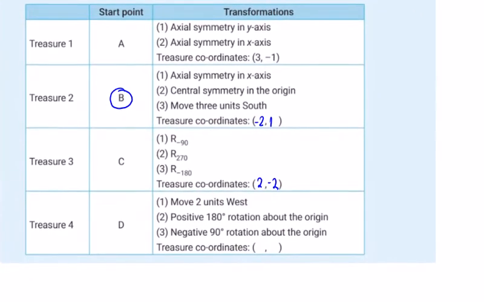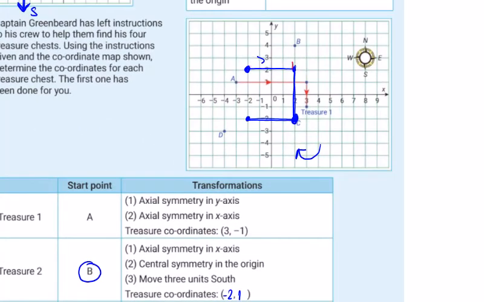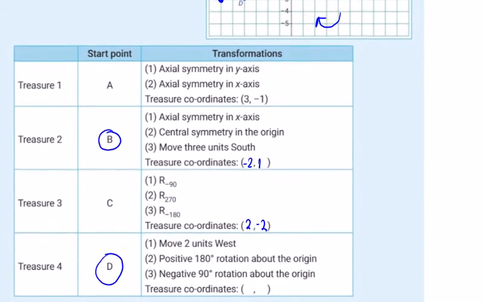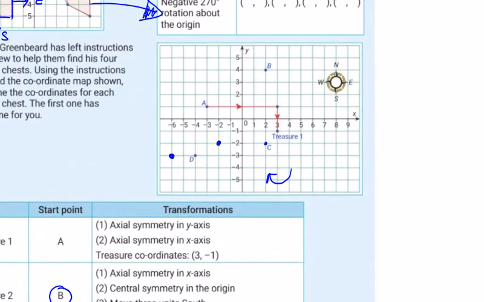And then last but not least, treasure D in transformation geometry. Start at D and move 2 units west. Move 2 units west. We're now here. Positive 180 rotation around the origin.